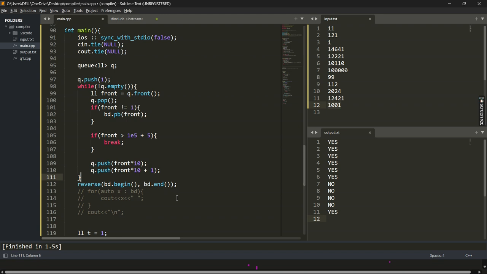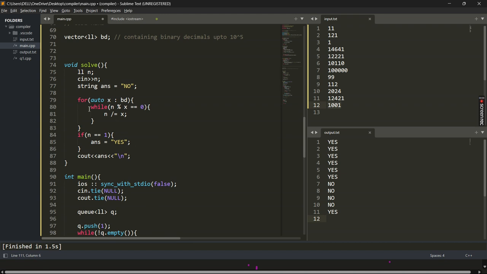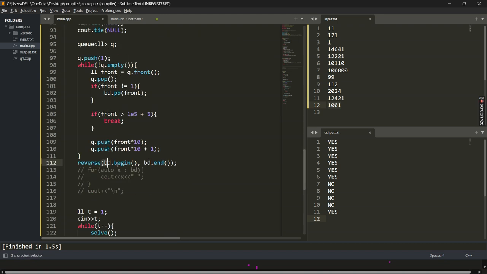Because if I iterate from lower to higher, by this divisibility condition I will be changing n to a smaller one, and I will not be able to directly check whether the original n was a binary decimal or not. So I have reversed this binary decimal vector so that it is in decreasing order.